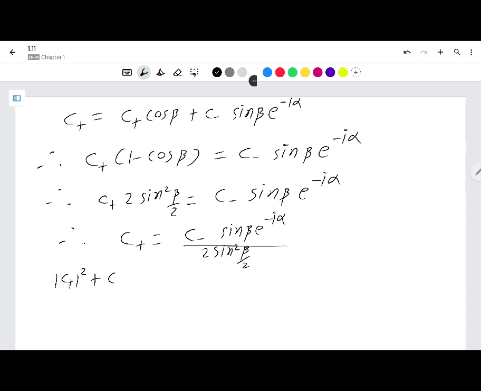C minus square is equal to 1. That means C plus mod square is equal to 1 minus C minus mod square.